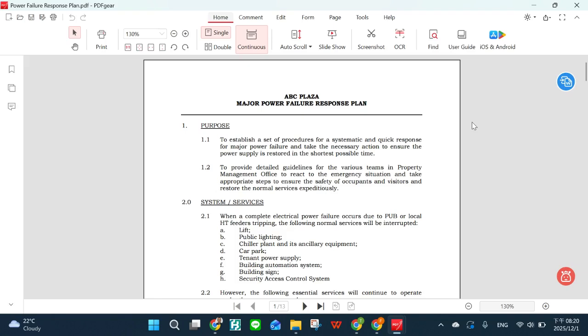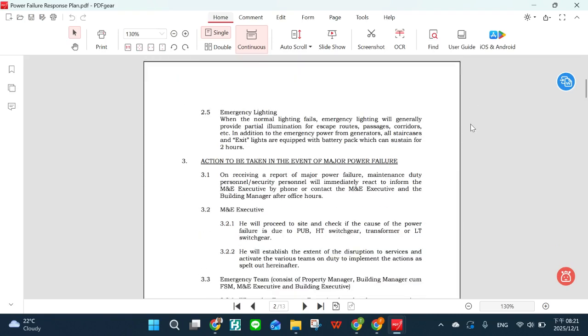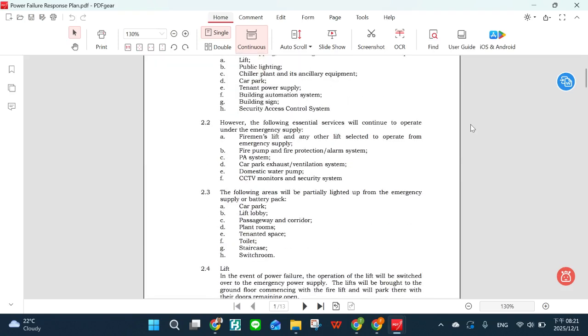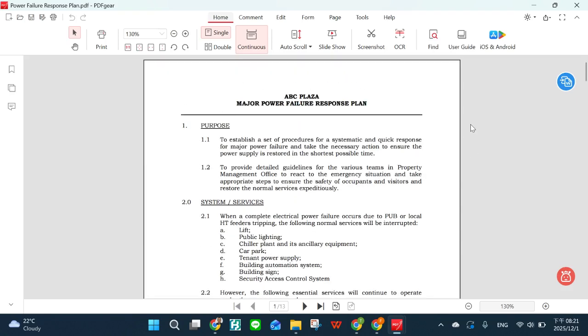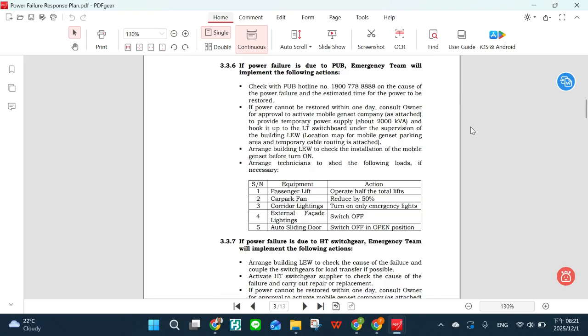To find out, you calculate your electrical load and your diesel consumption. If 1 liter of diesel lasts half an hour and you have 10,000 liters, you just do a mathematical division. Then you may want to decide on certain non-essential power or fans, and shed load to conserve consumption.